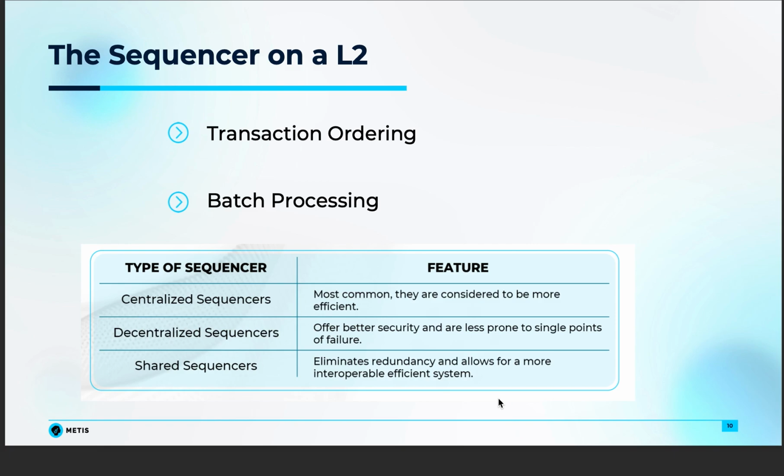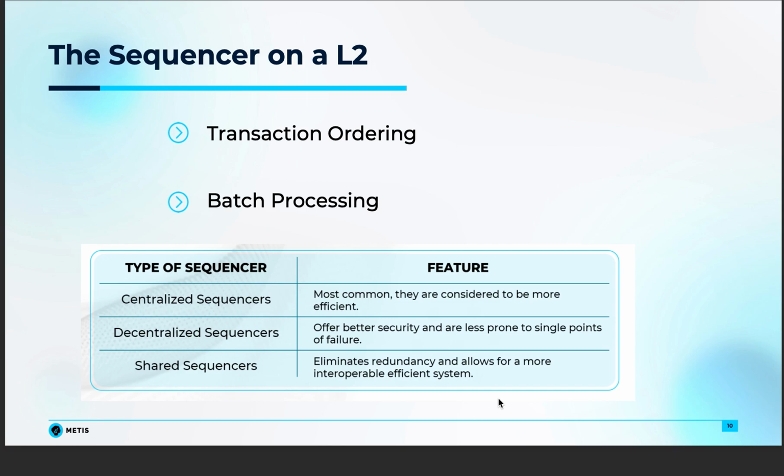Another type of sequencer is the decentralized sequencer. In a decentralized sequencer, it's not just one sequencer that is in charge of processing transactions. Now we have a set of sequencers. So we have a sequencer pool, and a set of sequencers is used. Decentralized sequencers offer better security, and are less prone to single points of failure. Another type of sequencer is shared sequencers.